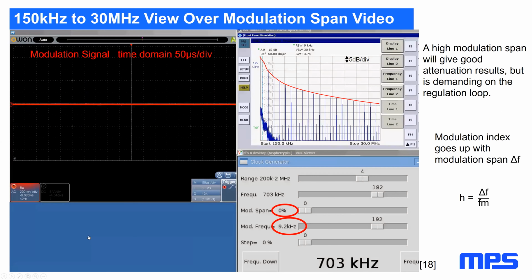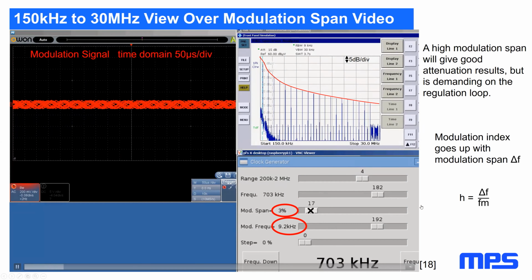And now if we change the modulation span, here we keep the modulation frequency at 9.2 kilohertz and move the span around.